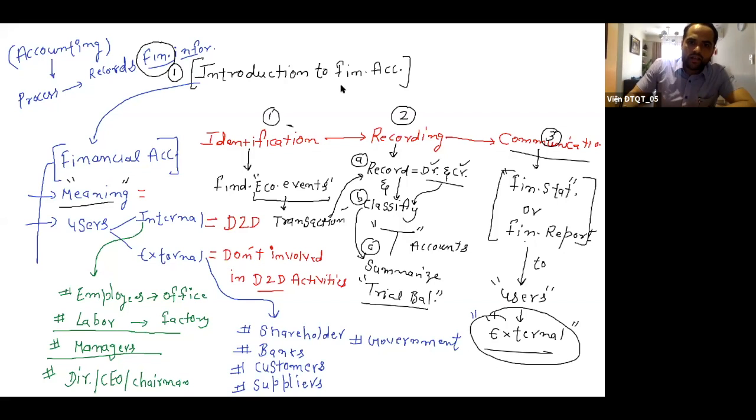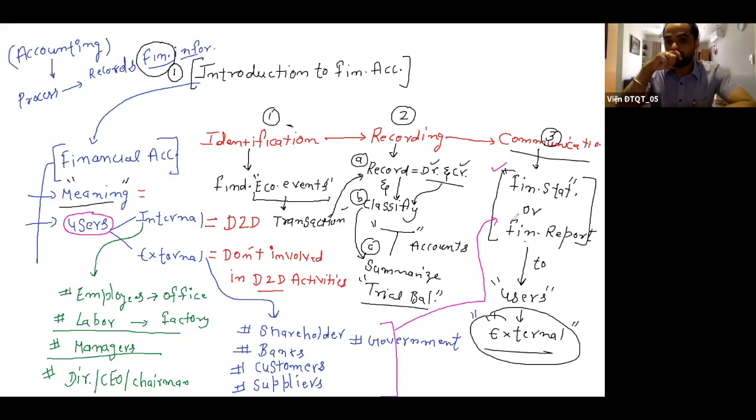Now, another thing regarding internal and external users, we need to understand why these internal and external users need financial accounting information, or why they need financial statements, right? So of course, mainly this: why do they need financial reports or financial statements?